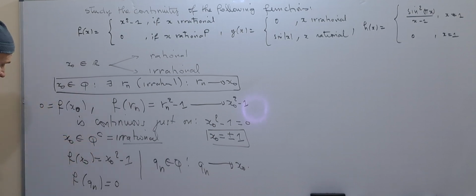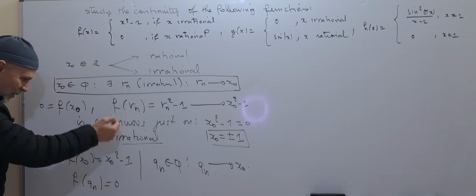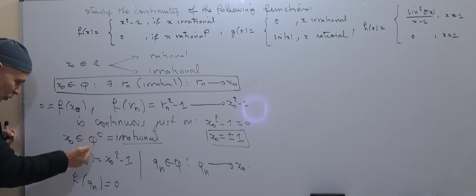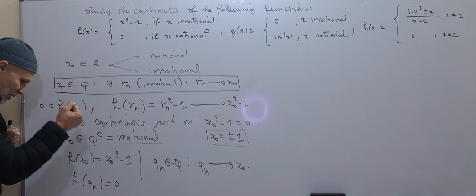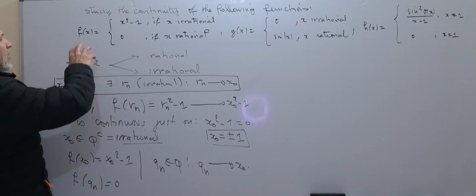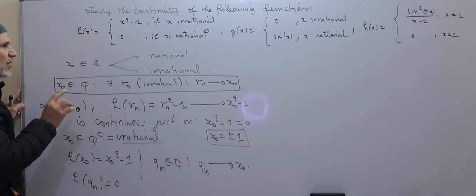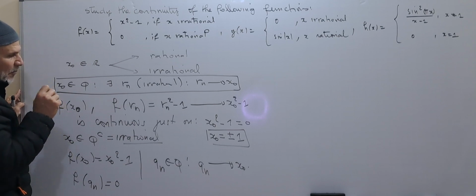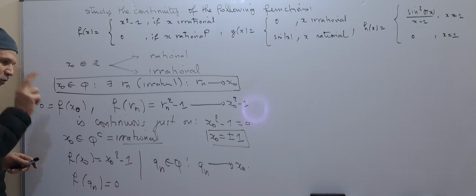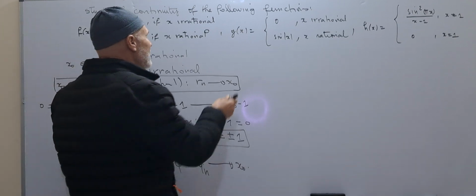As a conclusion, this function is continuous only... They cannot be equal because x0 is different from the rational numbers. The conclusion is that this function is continuous only on plus and minus 1, just at these two points. How about this one?